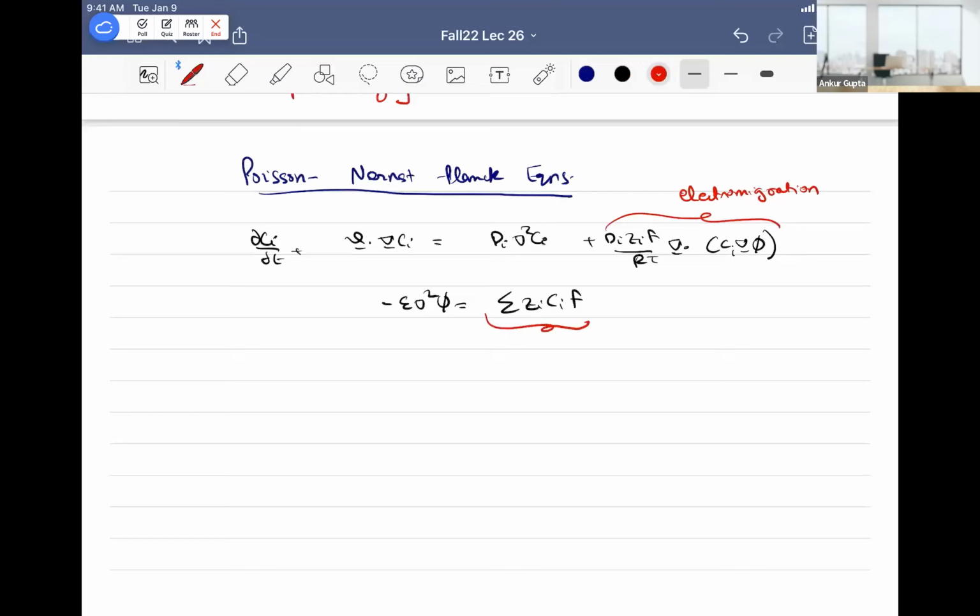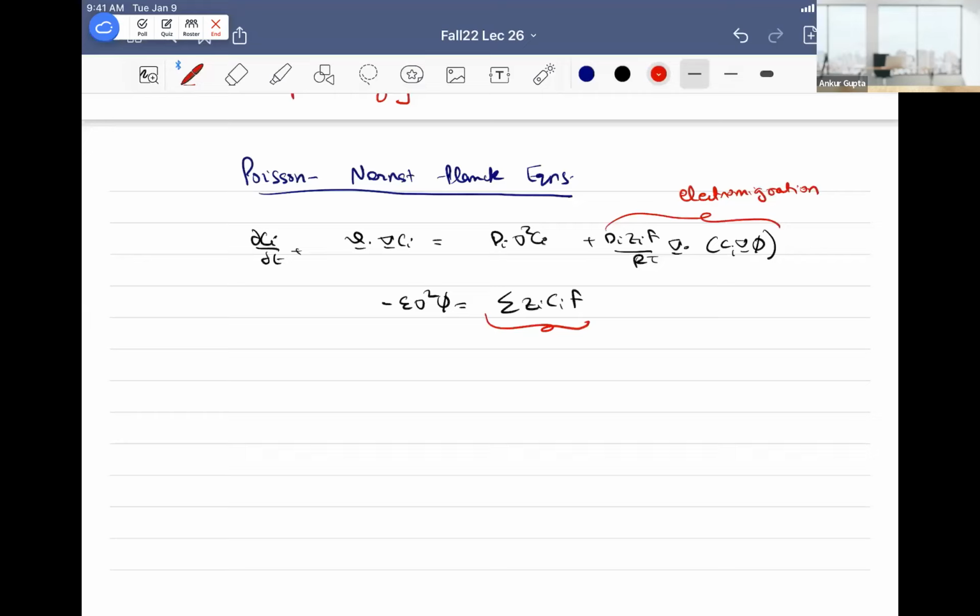The first approximation is that when the system is in bulk, there is no net charge because there is no reason to collect charge. It becomes neutral, and that's called the condition of electroneutrality. But this term is not always going to be zero. It can be non-zero, and that is what we'll discuss on Wednesday.